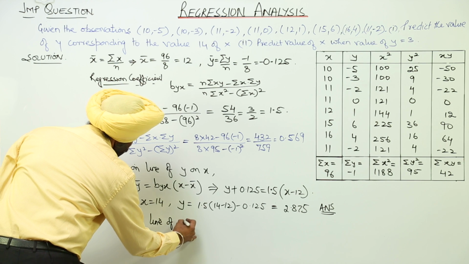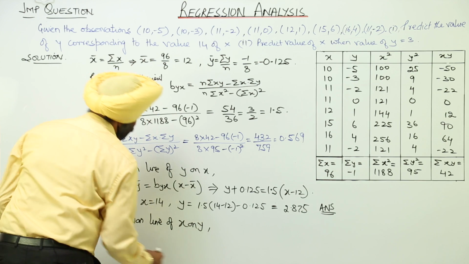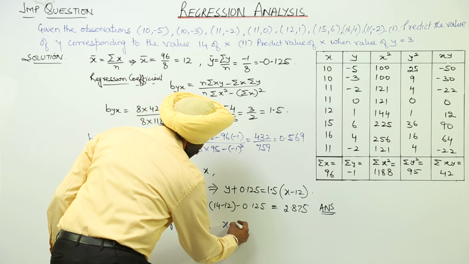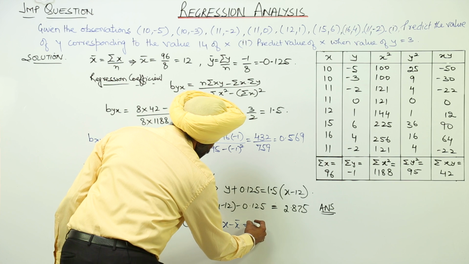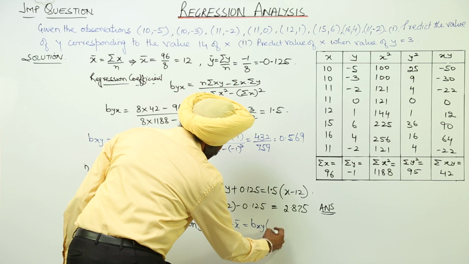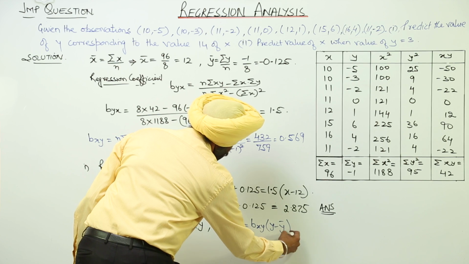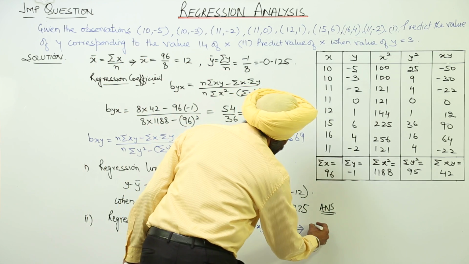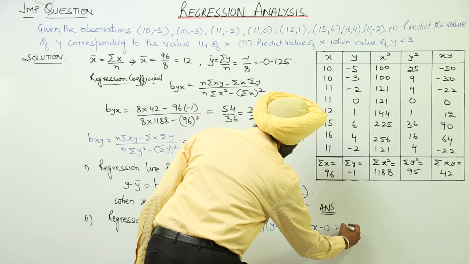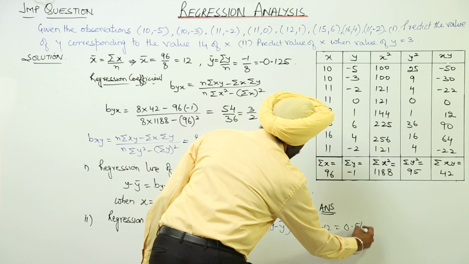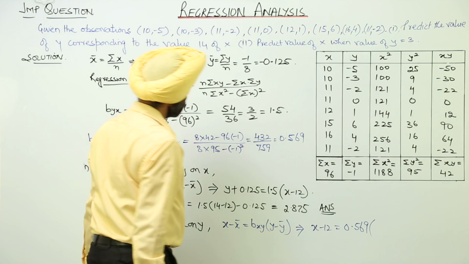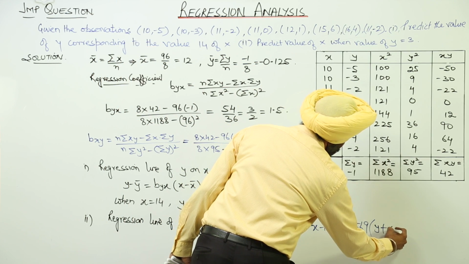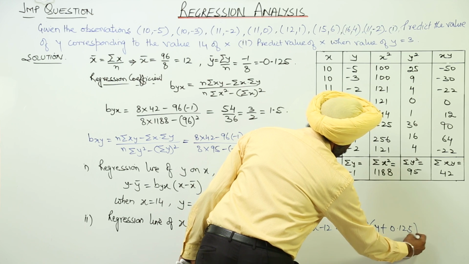Now part 2. Regression line of x on y. Now this line becomes x minus x mean is equal to bxy times y minus y mean. Now this is x minus 12 is equal to 0.569 with y plus 0.125.